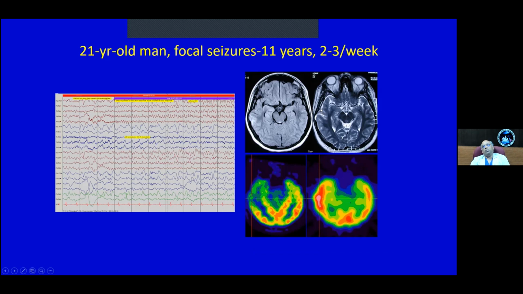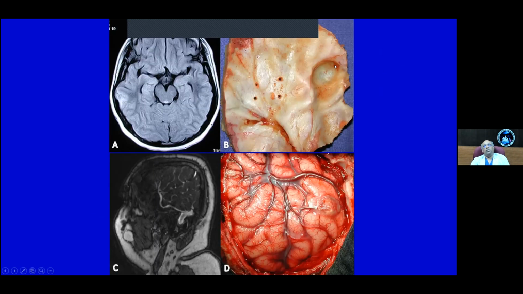Here you can see there's a prominent vein of Labbé in front of the lesion. So you can see the bone indentation by the chronic lesion. And then this is the glioneuronal tumor, and vein of Labbé with a large number of opercular branches.